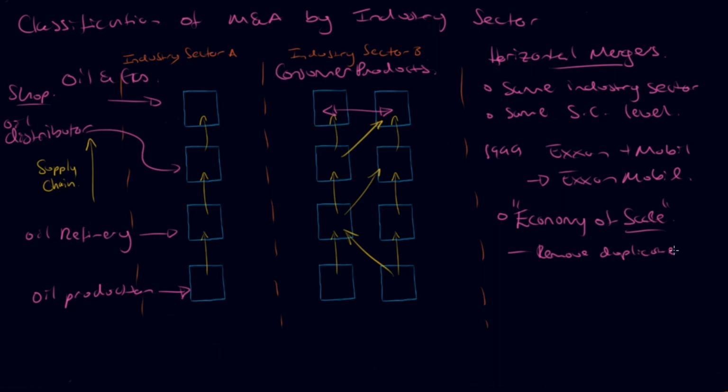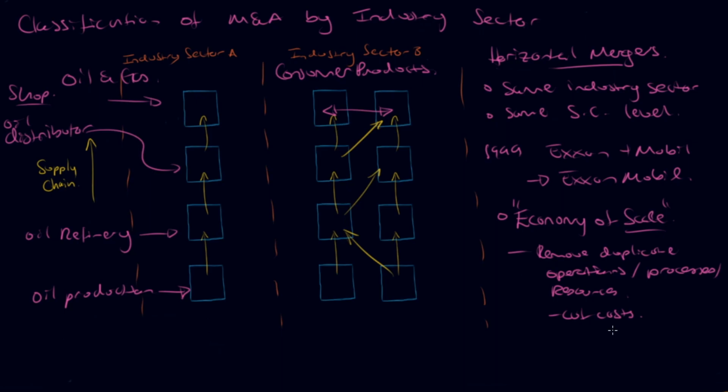So let's say remove duplicate operations, processes, resources, and cut costs. And of course, cutting costs is very important because it means your profit margins go up, or if you are still competing with other people, you can afford to sell your product at a lower price than them and still be profitable.